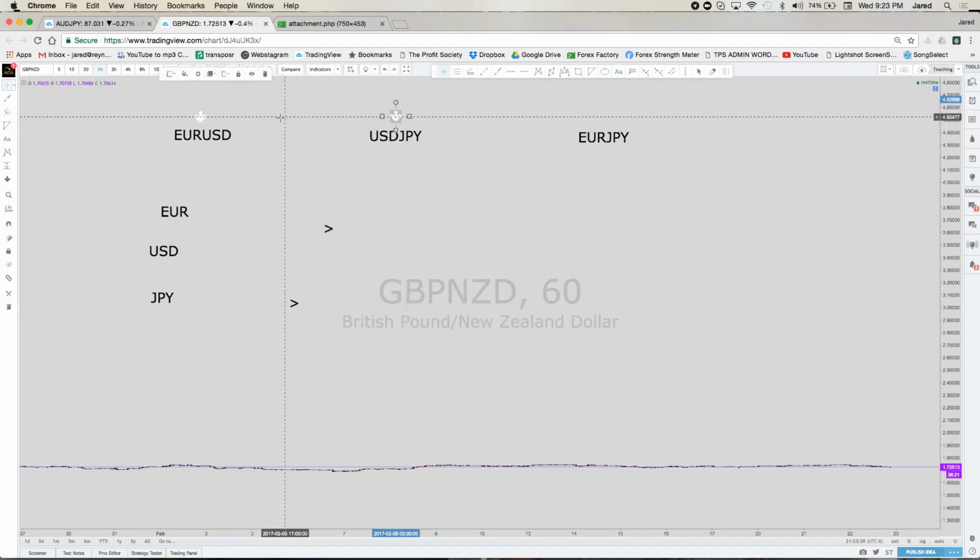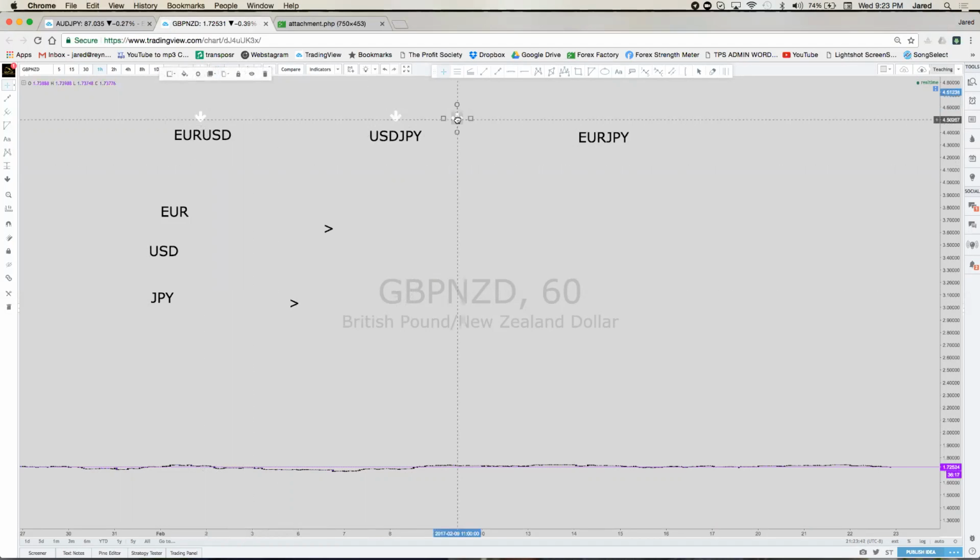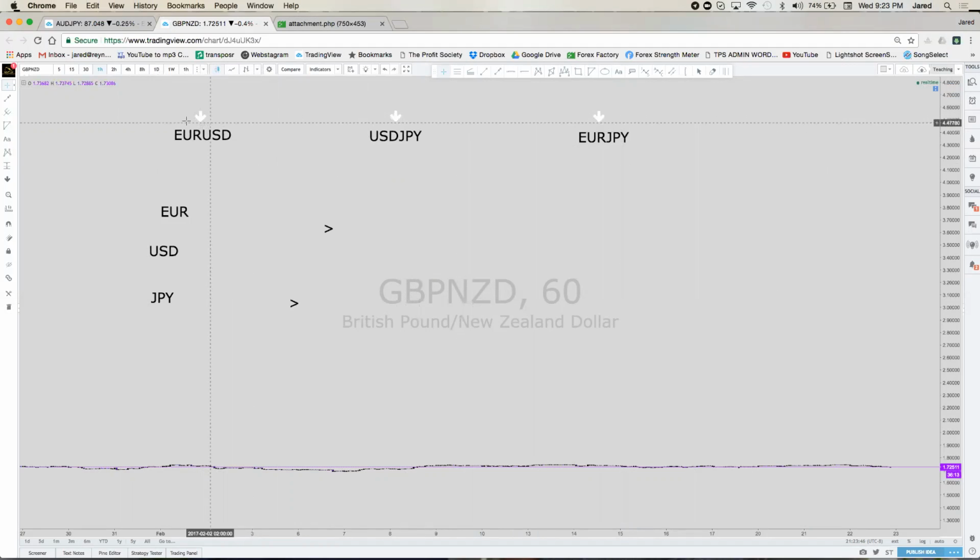This was going down yesterday, as well as this was going down. And it was throwing everybody off, right? But what does this tell you? Just so we talked about, this is the base pair. This is the quote pair. The base pair controls the directional bias of a currency, right?